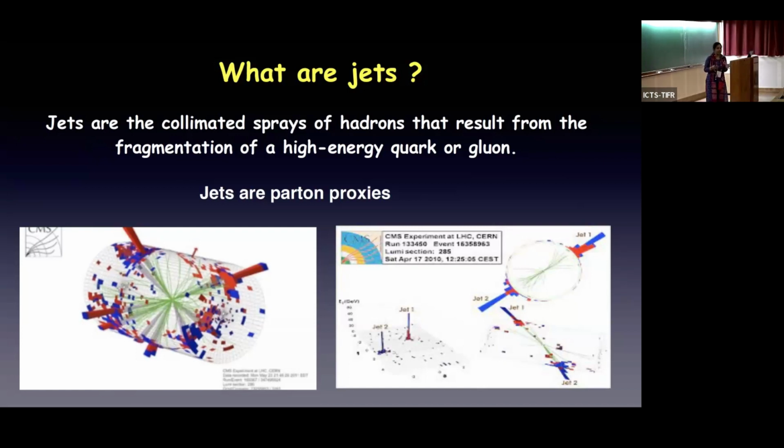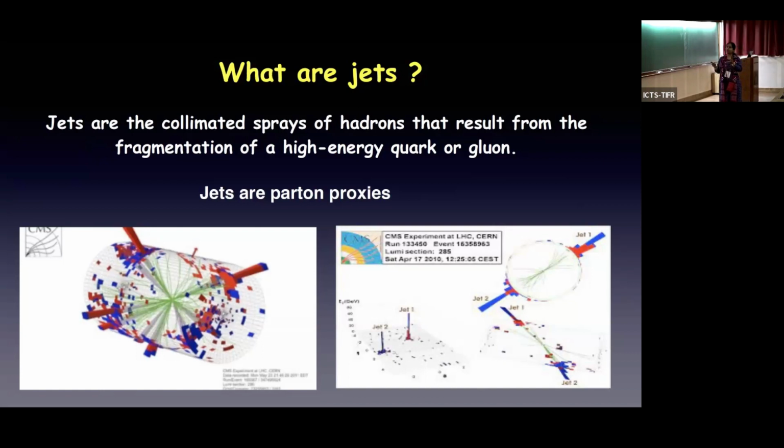However, it's not possible to observe these quarks and gluons because of color confinement, and what we observe at detectors is a collimated spray of hadrons. Jets are essentially the collimated spray of hadrons that result from fragmentation of a high energy quark or gluon, because these are produced very early in the collisions and they immediately branch and immediately fragment to hadrons.